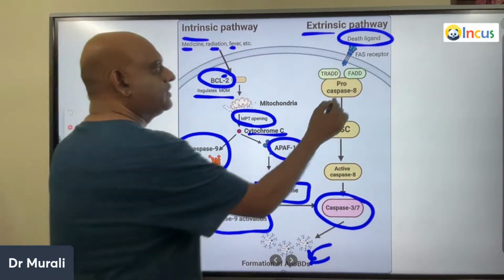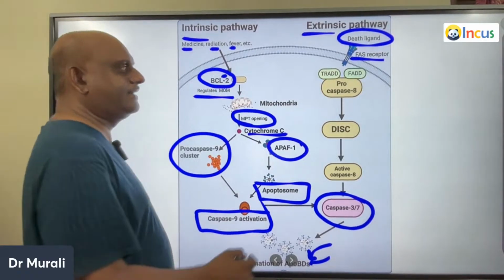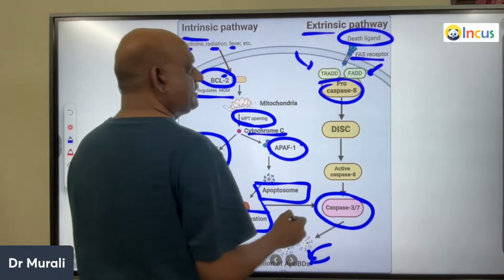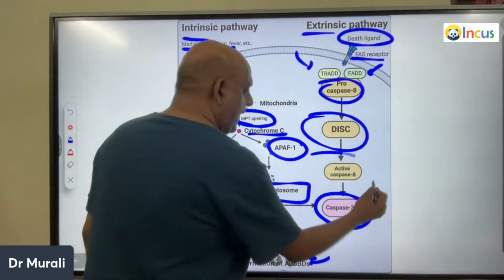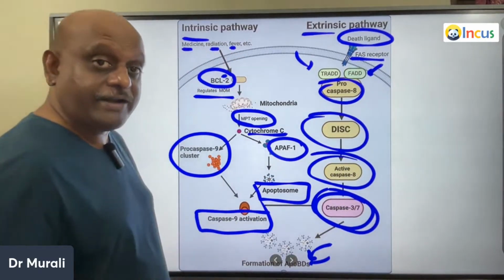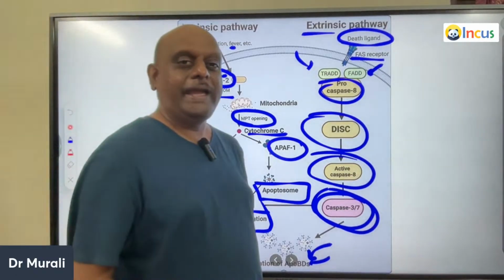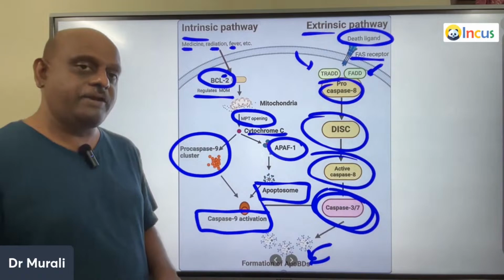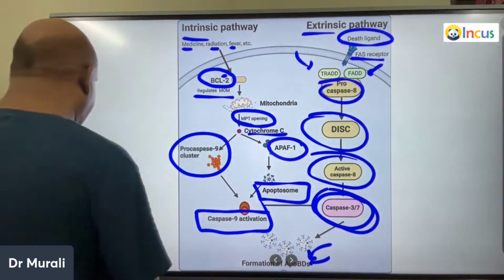Death ligand stimulates the FAS receptor. FAS receptor in turn will cause TRADD and FADD to make the procaspase 8 activated, to cause the DISC, that will cause the active caspase 8 that leads to caspase 3 and 7 getting activated, which in turn will cause the formation of the apoptotic bodies. So you should know intrinsic pathway, extrinsic pathway very clearly for tomorrow's NEET PG exam.